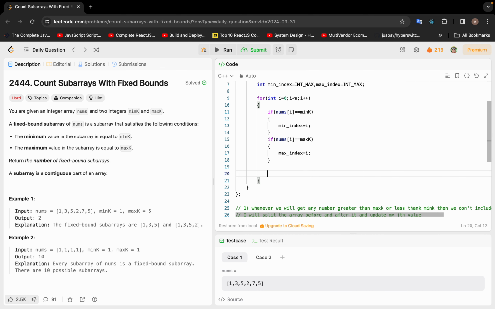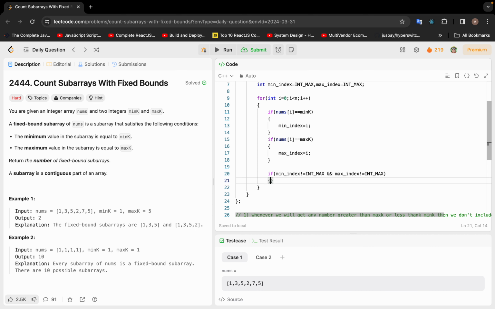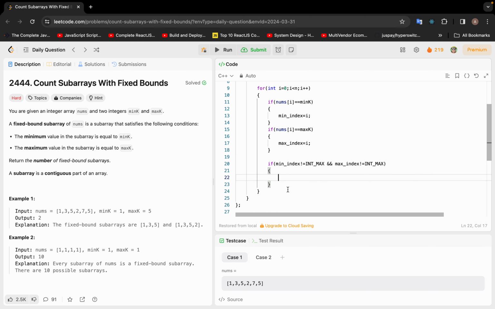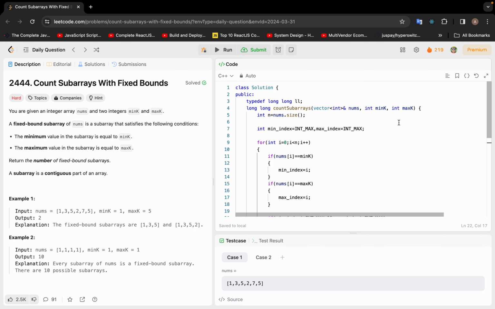And I will see if my min index is not equal to int max and my max index is not equal to int max. What it means? It means that I got an array which has min index as min k and max k, right?